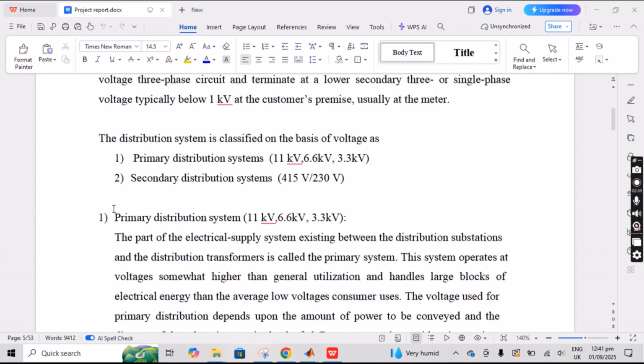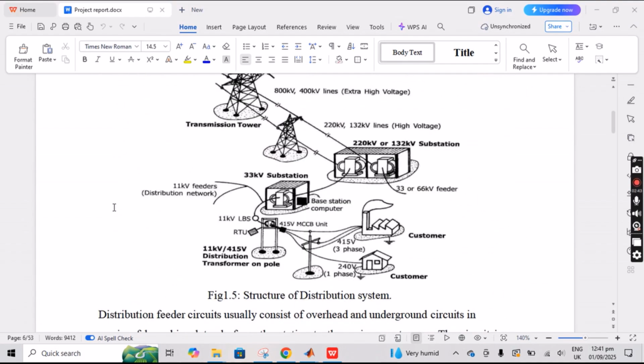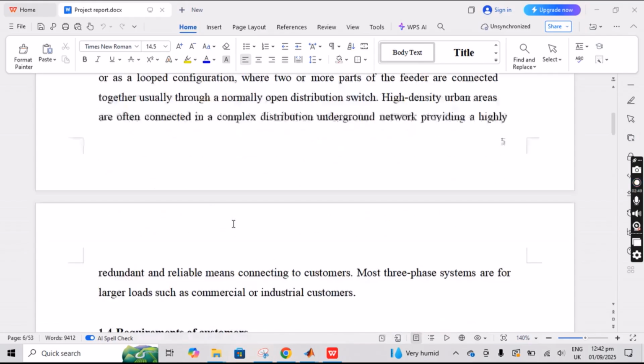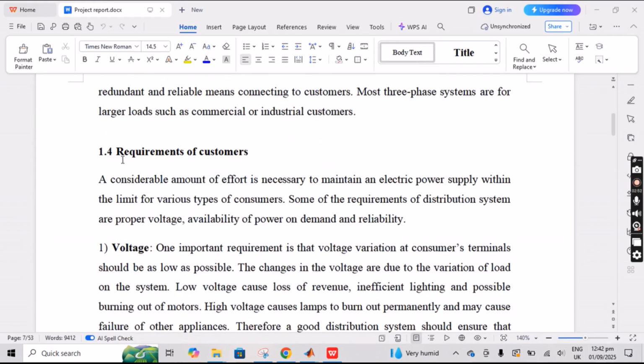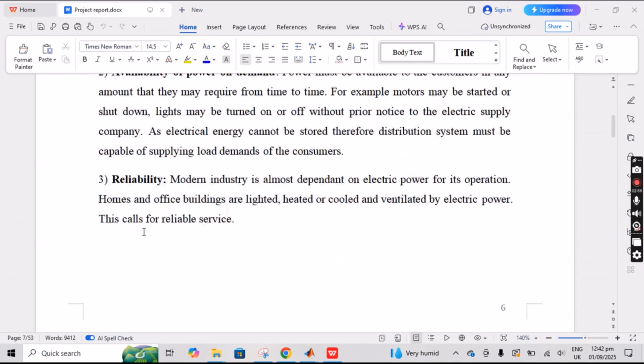The distribution system is classified according to different voltage levels, primary distribution systems and secondary distribution systems. Next part is the structure of the distribution system. These are the structures for the distribution system. And the next part is the requirements of customers. So availability of power demand.